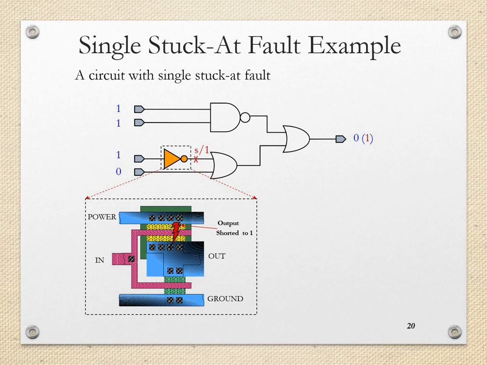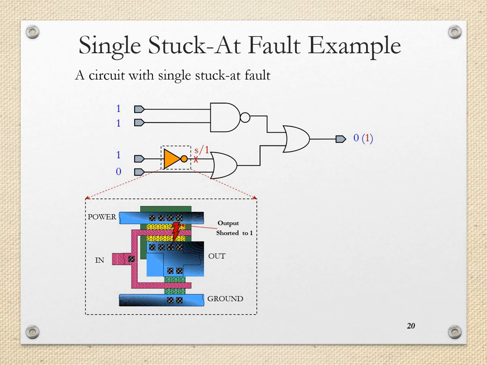In the normal case, the output of the inverter should be 0 and the second OR gate should give the output as logic 0. For the first NAND gate, both the inputs are 1, 1, so that will also give output 0. So without fault, the output of the circuit will be 0.